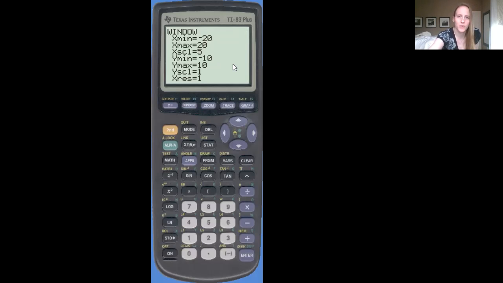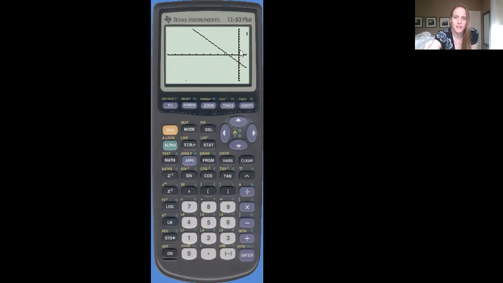Though you do usually want to start with -10, 10, 1. That's the standard window. So if we go back to our graph, that's what it now looks like because I have changed my window.